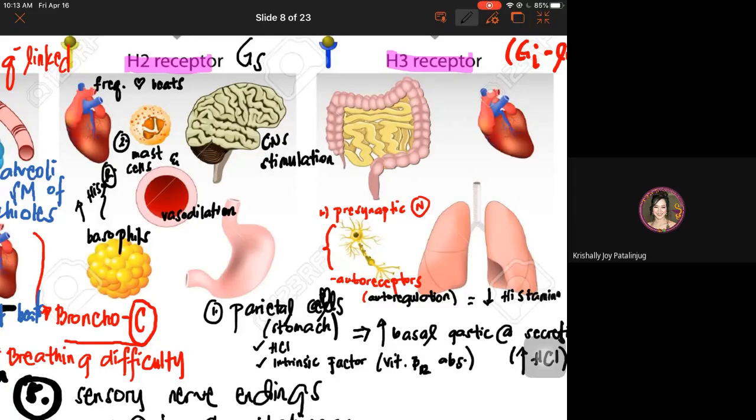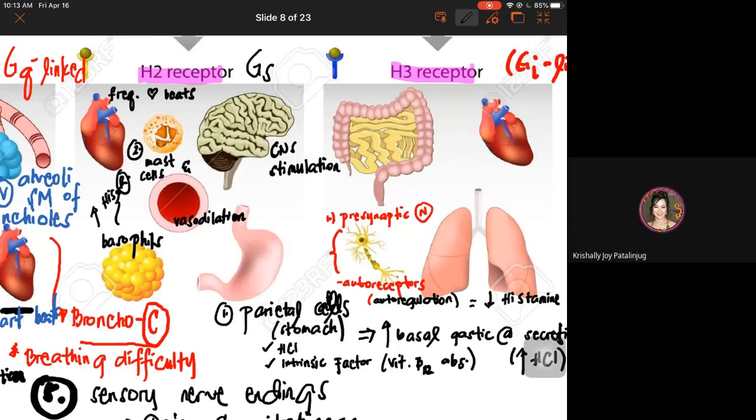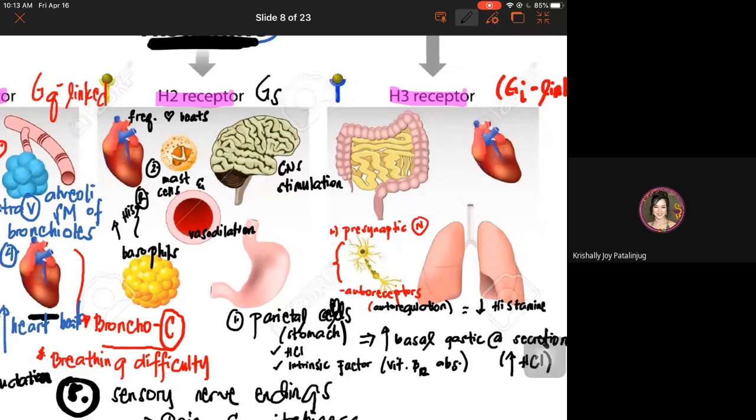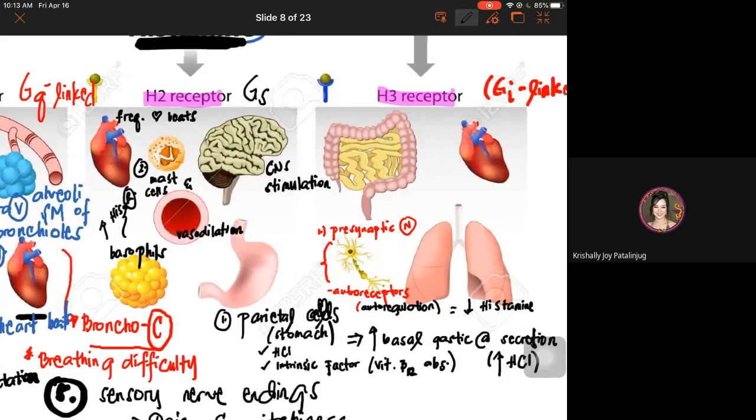Again, that is because of the autoregulation effect. When we say auto-regulate, you are modulating, regulating something, so you are inhibiting the release of a particular neurotransmitter.